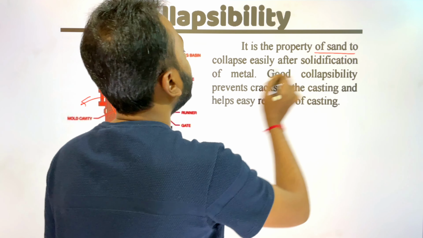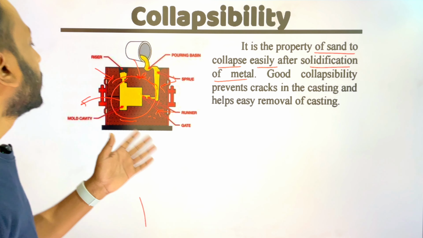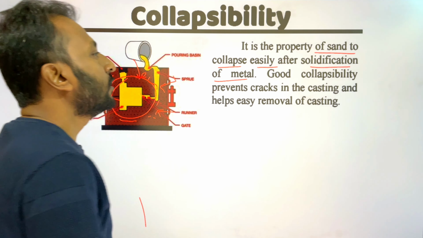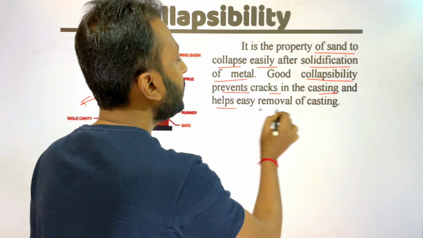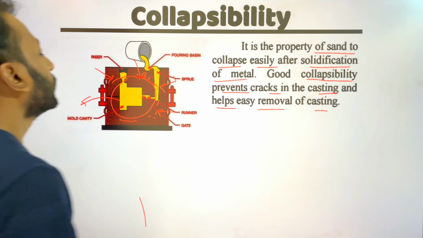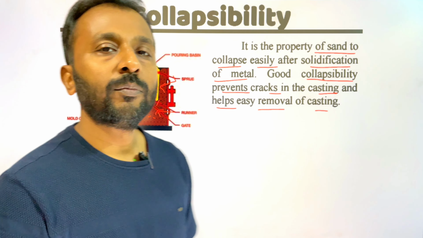It is the property of molding sand to collapse easily after solidification of the metal. Good collapsibility prevents cracks in the casting and helps easy removal of the casting. So collapsibility is very important to take out the product from the molding box without harming it.